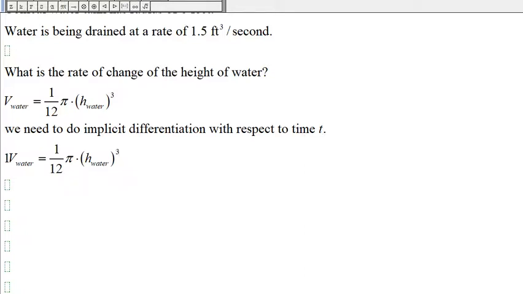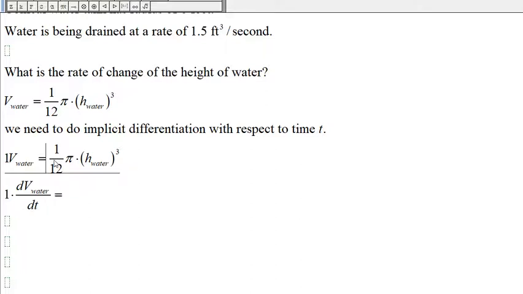The derivative of 1 times V is 1, and since we're differentiating with respect to time, we multiply by dV of water divided by dt.